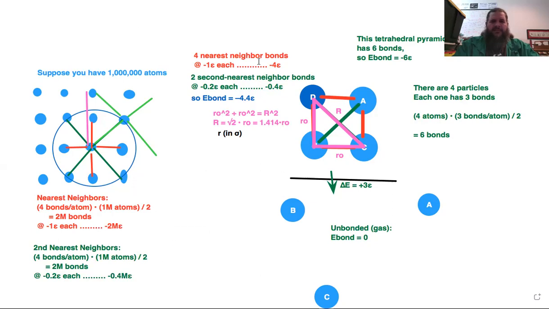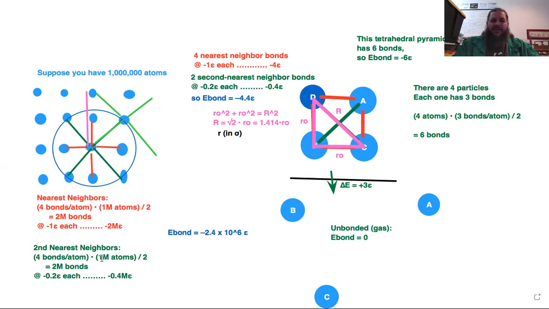Add those up, and we get E bond of this whole system. This enormous system would be negative 2.4 million epsilon. And then epsilon itself is going to be some absurdly small number of joules. So you might plug that in and simplify that as well to get a result in joules.